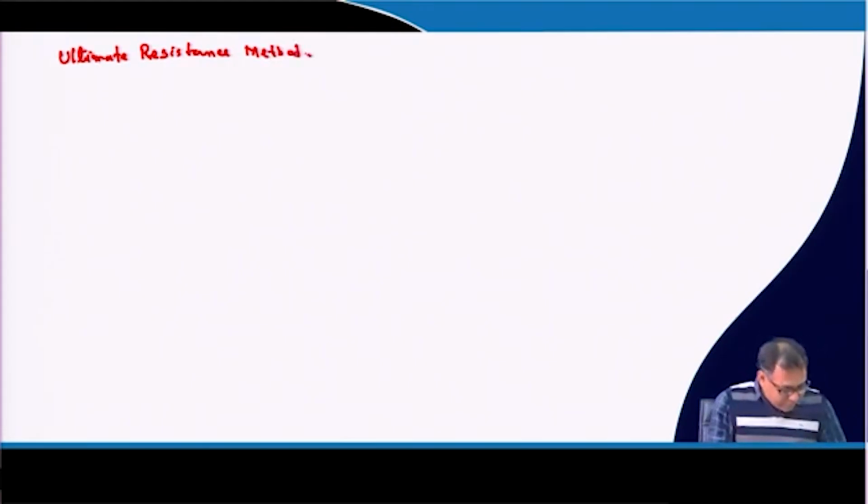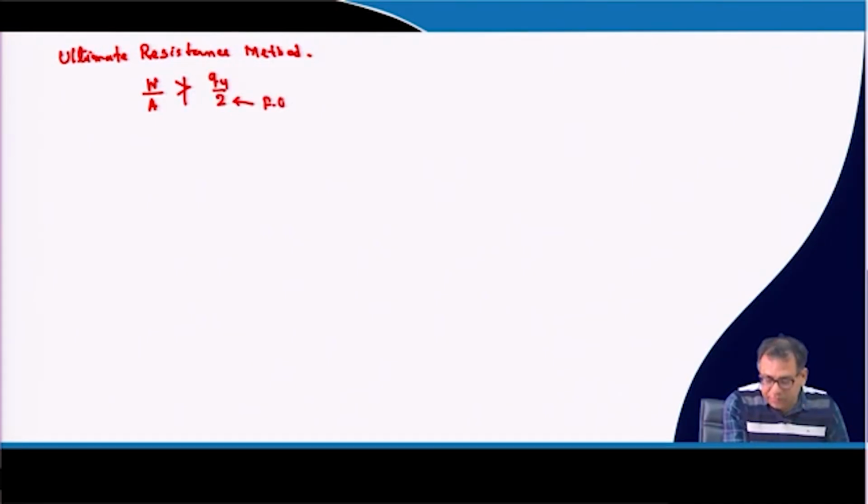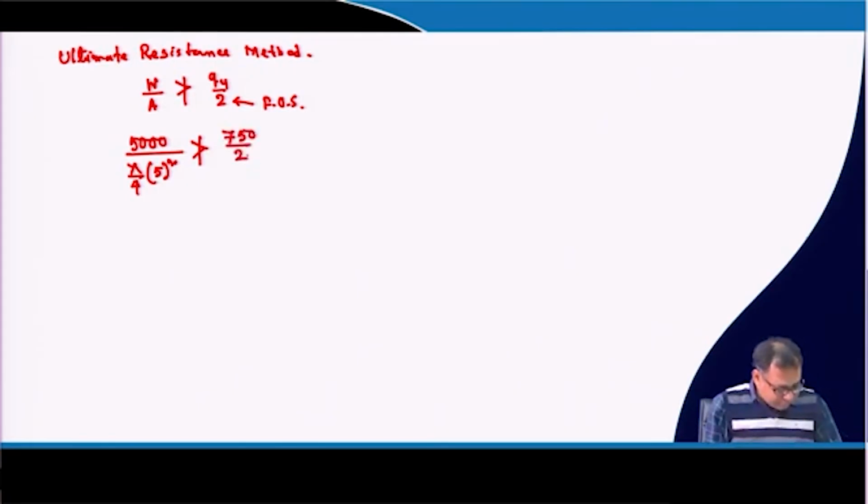Okay. So, ultimate shear resistance method, the condition is given, two conditions we have to satisfy, that W by A should not be greater than Q U by 2, okay, where 2 is the factor of safety. So, W is here 5000 by pi by 4 into 5 square, that should not be greater than 750 divided by 2.